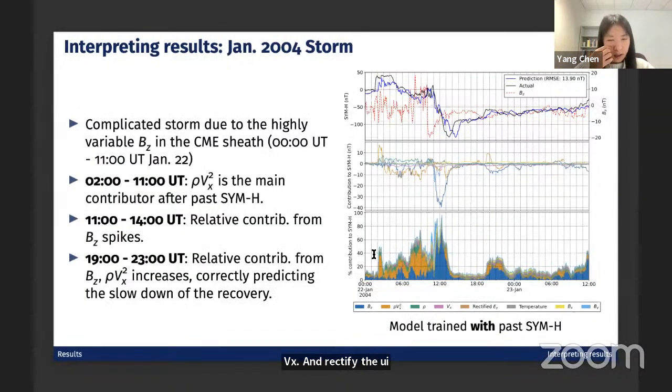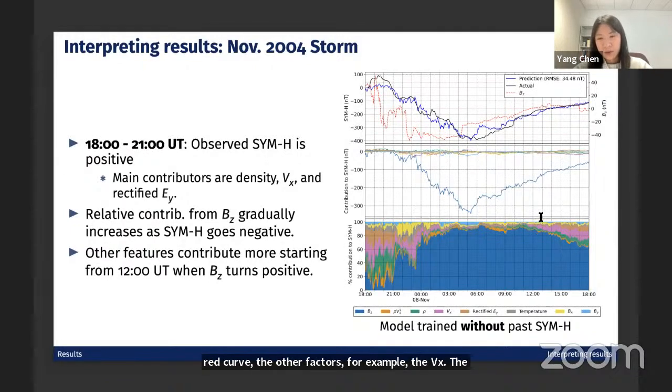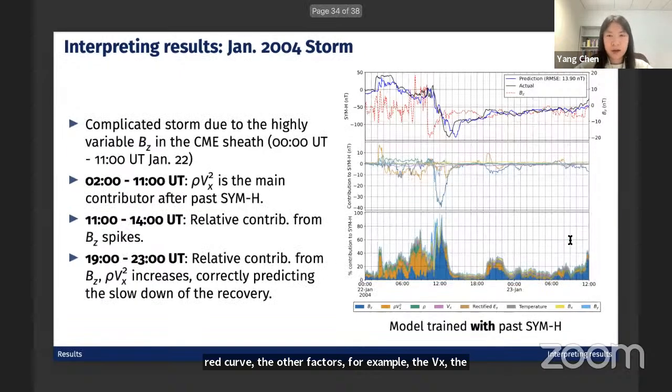And then, sorry, there's another piece. After the BZ turns positive, finally, for this red curve, the other factors, for example, the Vx, the rho, and rho Vx squared are becoming more and more important at the recovery phase of this particular storm.